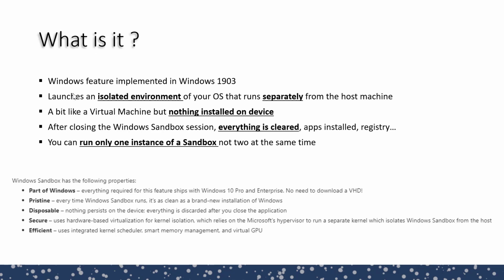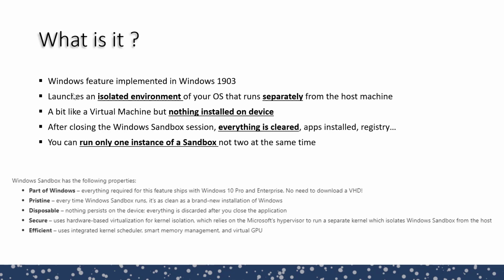Windows Sandbox is a Windows feature that you can enable through the Windows GUI, and it has been implemented in Windows 10. Windows Sandbox allows you to launch an isolated environment of your operating system. This environment will run separately from your host machine.